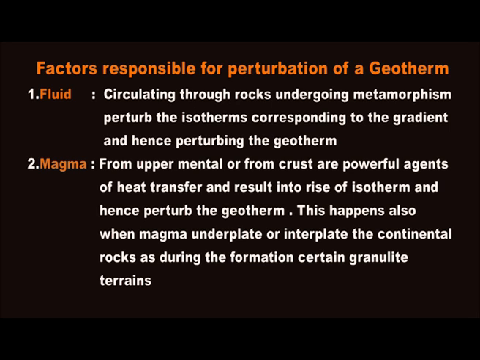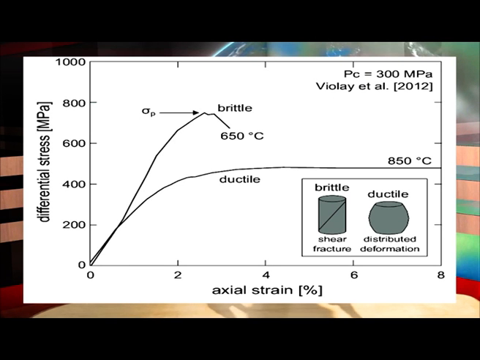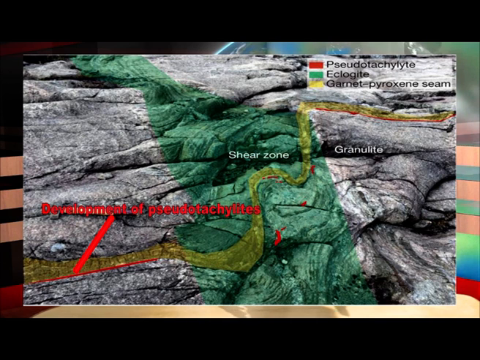This also happens when magma underplates or interplates the continental rock, as during the formation of certain granulite-like terrains. Third, ductile shearing can also perturb the geotherm when the intensity of shearing and the speed of rock movement along the dislocation are high, particularly seen in the development of pseudotachylites.